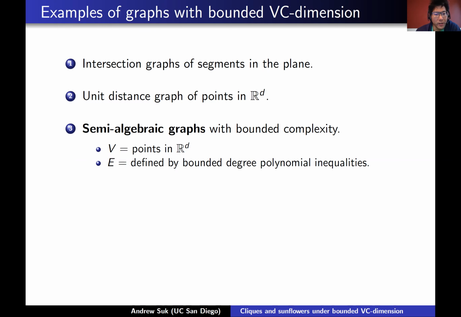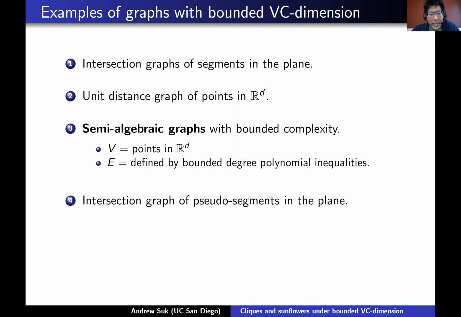And of course, there are interesting graphs that are not semi-algebraic, but still have bounded VC dimension. One nice example would be the intersection graph of pseudo-segments in the plane. Pseudo-segments are just a bunch of curves in the plane such that any two curves have at most one point in common.